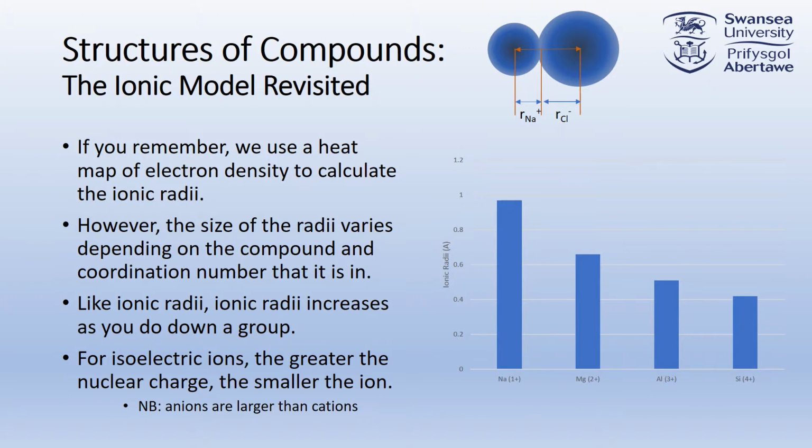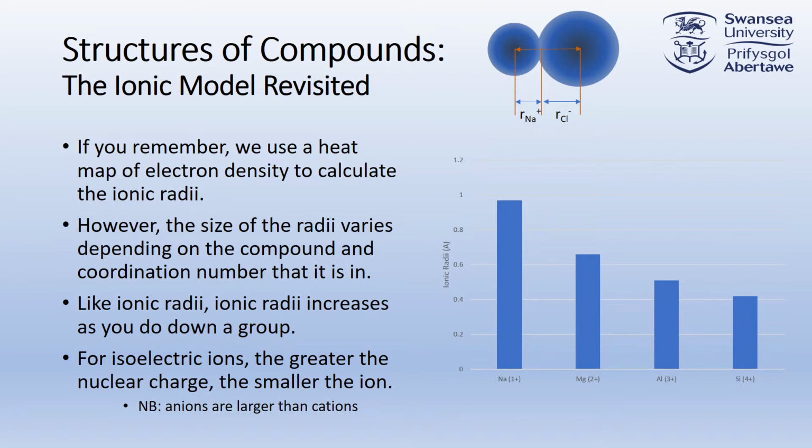So I put here ionic radii, I think I should have actually written atomic radii. Atomic radii increase as you go down a group, as you're adding another shell of electrons. And for isoelectronic ions, so those that have the same electron configuration, the greater the nuclear charge, the smaller the ion.